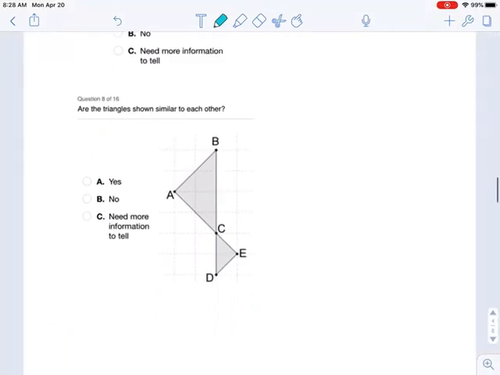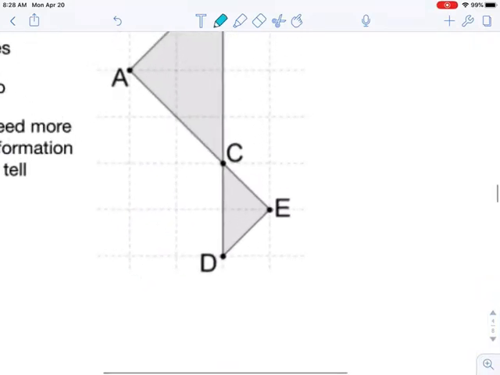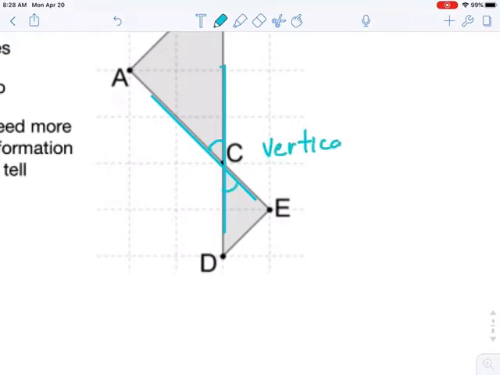So same concept going right here. This is some action-packed stuff. Basically in that last one we just counted the angles really fast. Well, look right here. What do we got? We got some vertical angles. These are vertical angles.